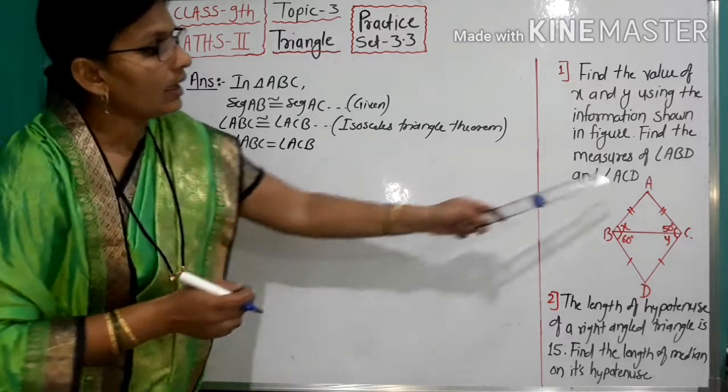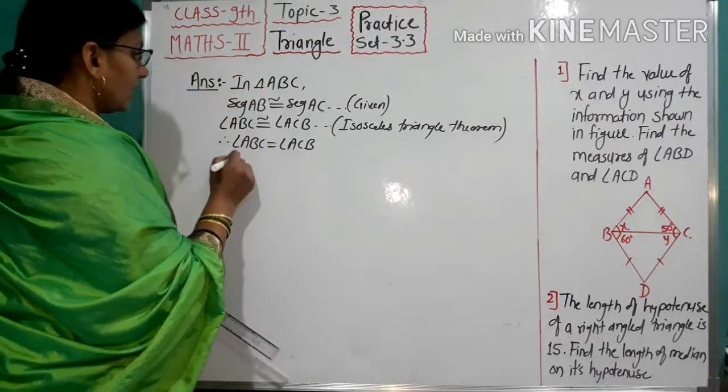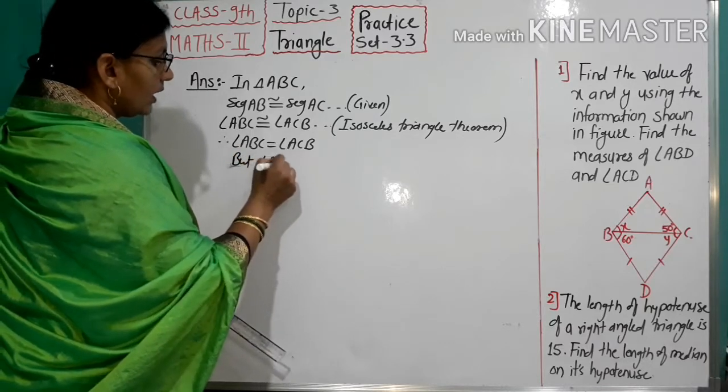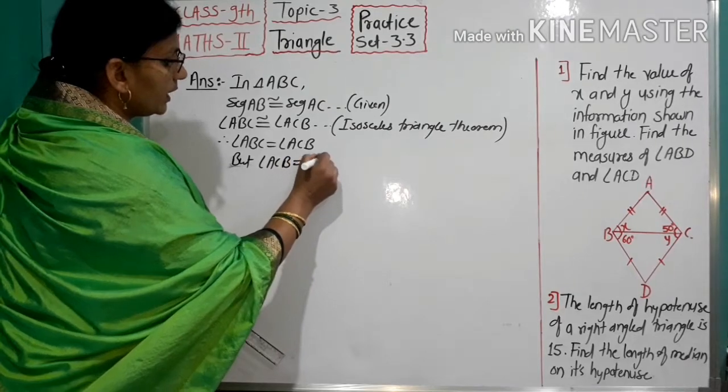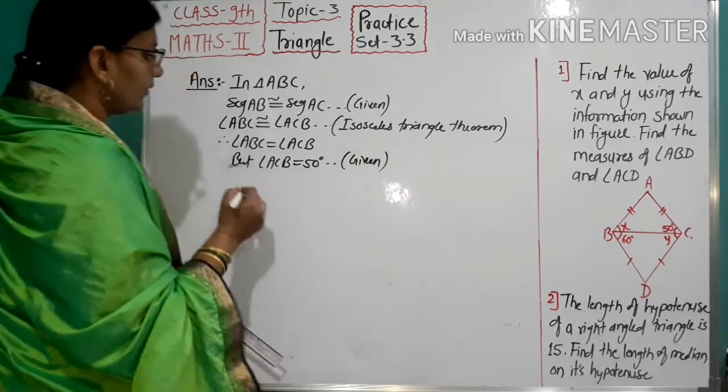But angle ACB is given as 50 degrees. This is given.